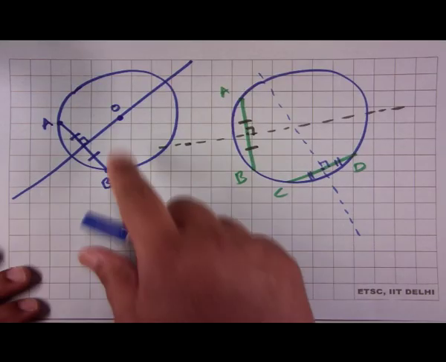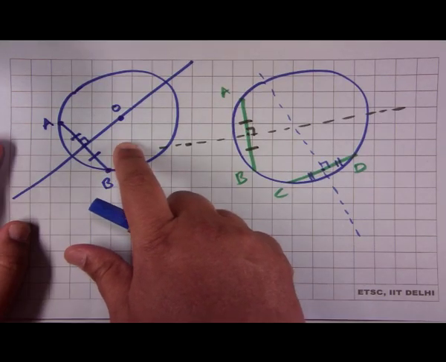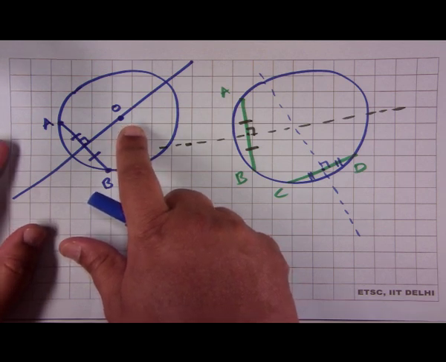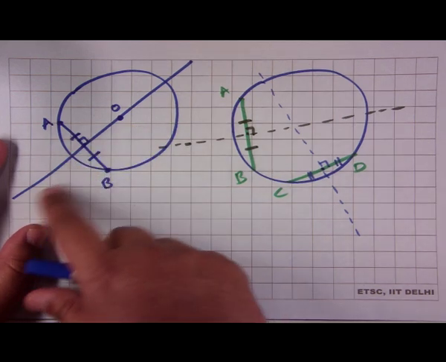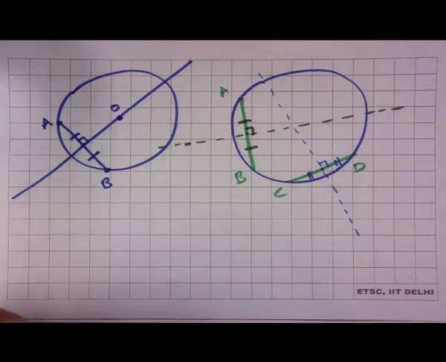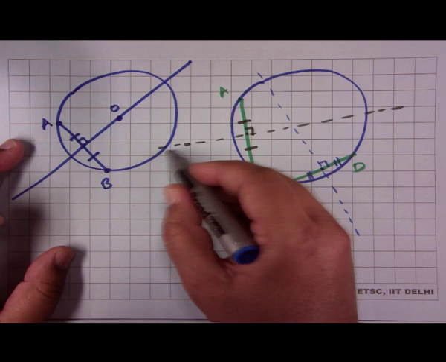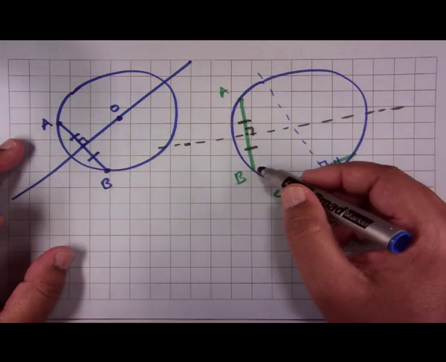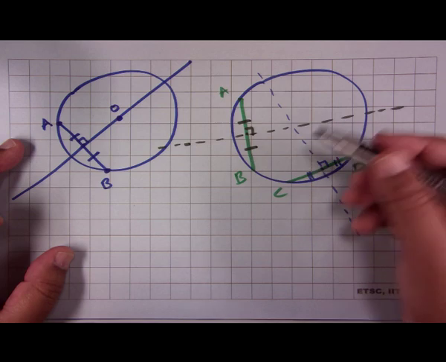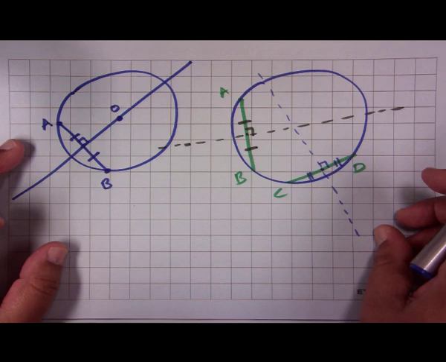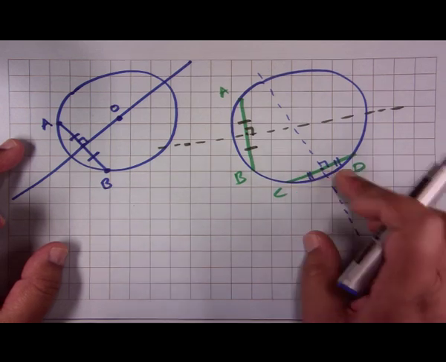Now, from this property here, we know that the center of the circle must lie on the perpendicular bisector of any chord. Therefore, the center must lie somewhere on this perpendicular bisector of the chord AB. The center of the circle must also lie on this blue dotted line, which is the perpendicular bisector of this chord CD.